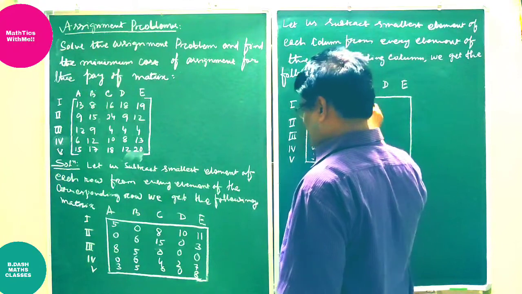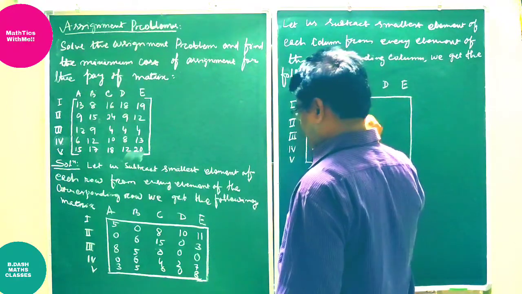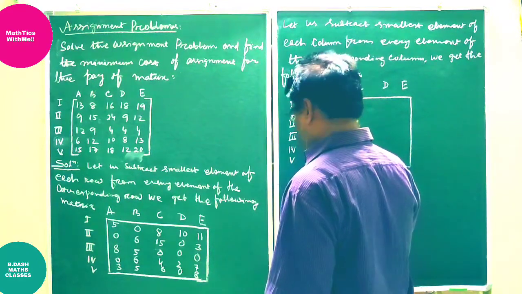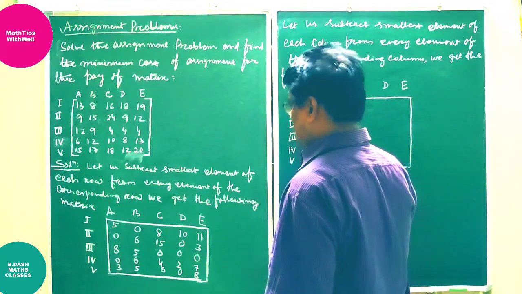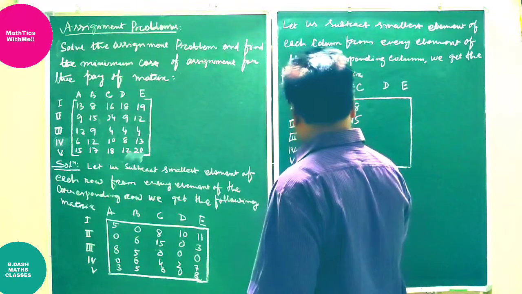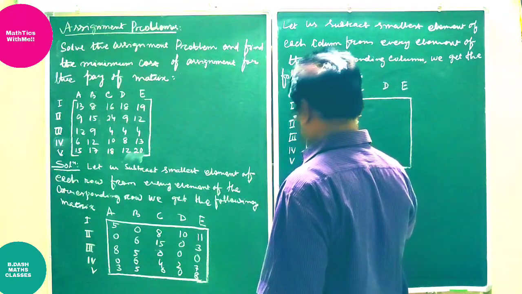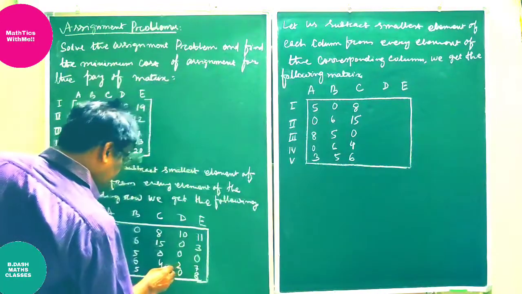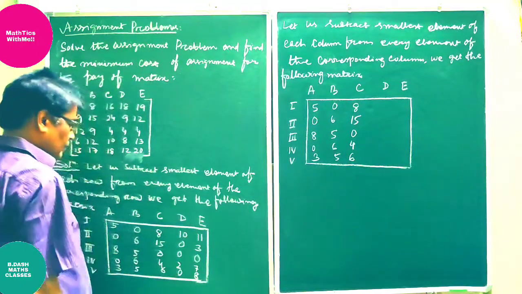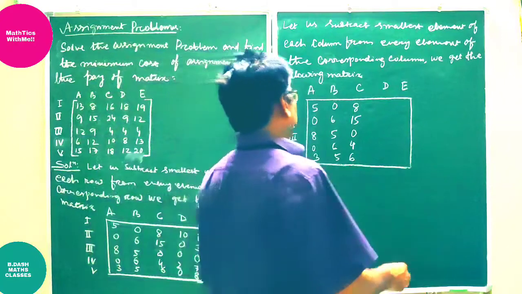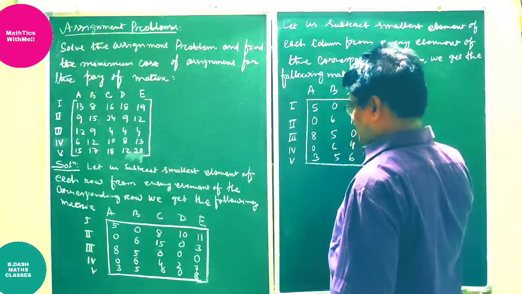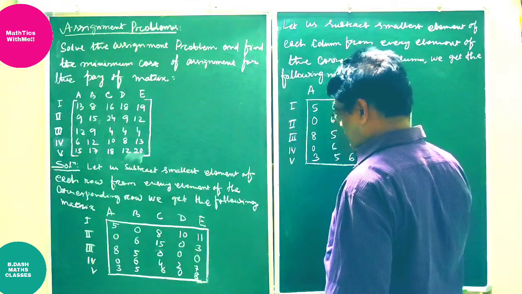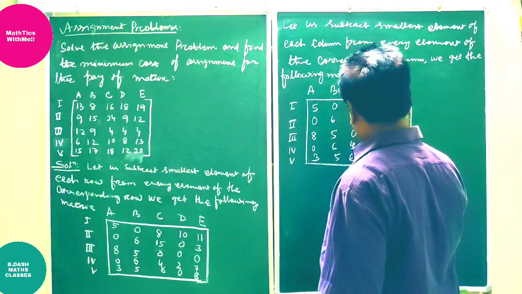There will be no change. 8, 15, 0, 4, then 6. Next, that column will also remain the same. 0, 0, 2, 0.